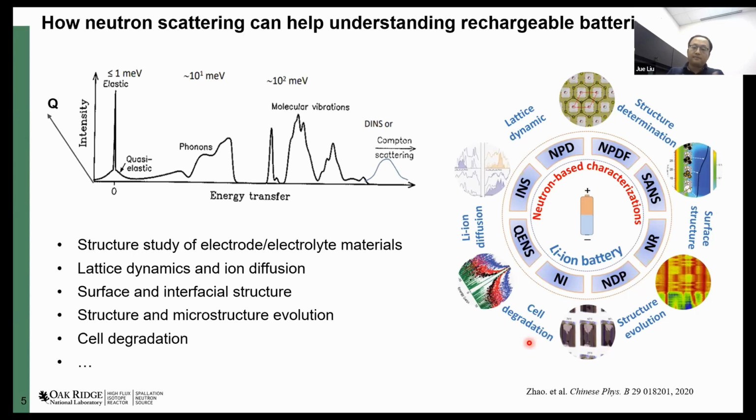Because neutron scattering is a very broad technique, and due to both the time limitation and the limitation of my own expertise, I will just confine myself to talk about the diffraction technique for today's talk, particularly on the operando side.